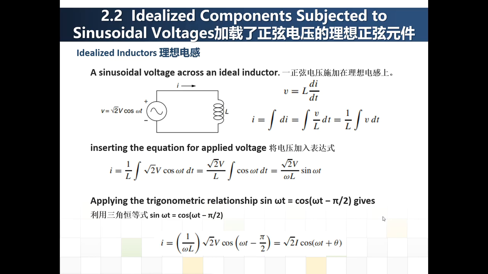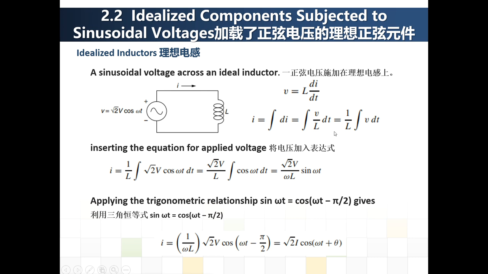Now let's look at when an idealized inductor is imposed by a sinusoidal voltage. As the graph shows, since the instantaneous voltage is equal to L multiplied by di divided by dt, the current flowing along this circuit is equal to the integral of the voltage over time.